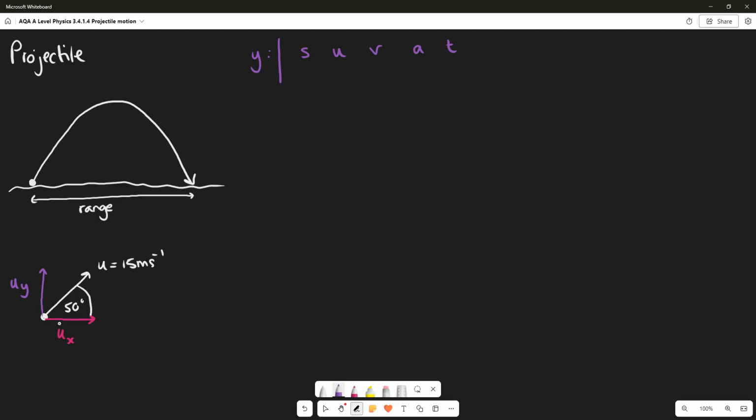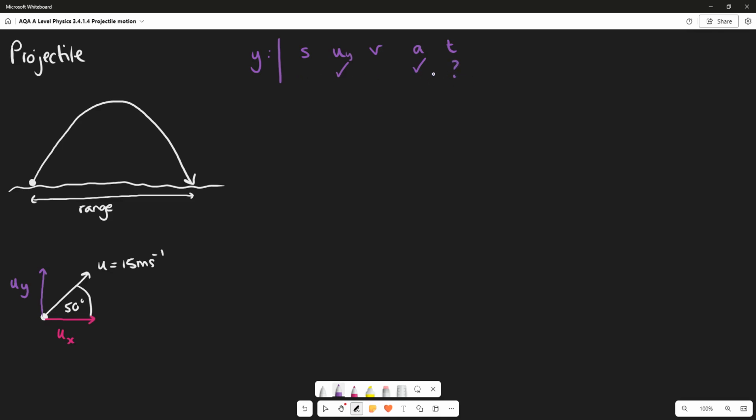Okay, so we will know the starting velocity because we can calculate it in that direction, in the y direction. If we're going to look at the entire journey, then the final velocity is going to be the same but negative. We know the acceleration due to gravity. We're not really interested in the maximum height unless we need to calculate that to get other stuff. The time is what we're interested in.